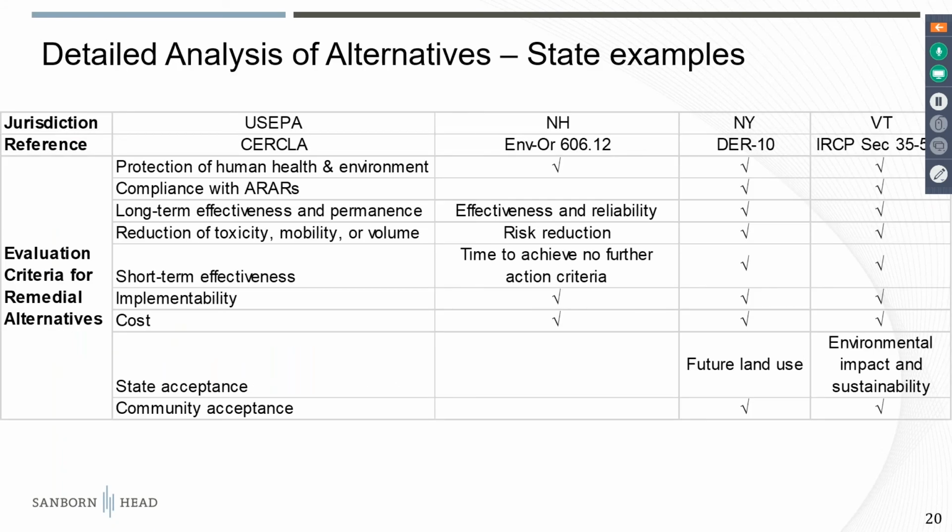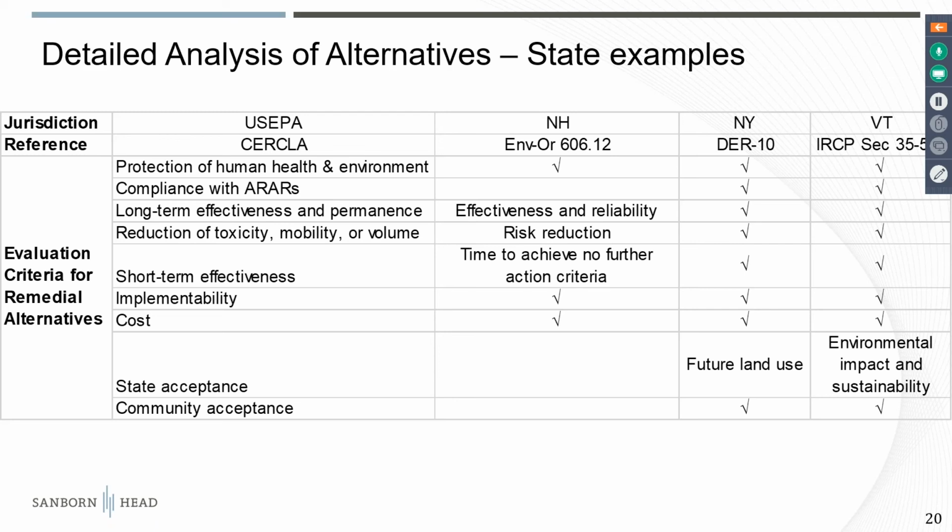This is just a sampling of how some of the states' evaluation criteria compare to the EPA's. The 9 criteria we just discussed are lined up here in this column. And then just a couple of state examples. Check mark indicates that state basically follows pretty much exactly what EPA is suggesting for an evaluation criteria.